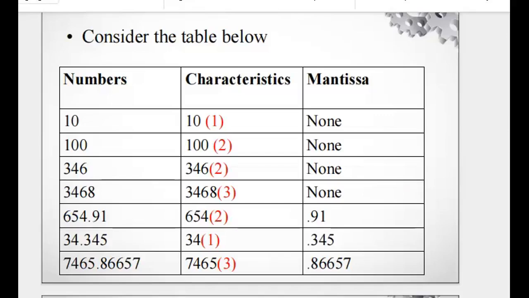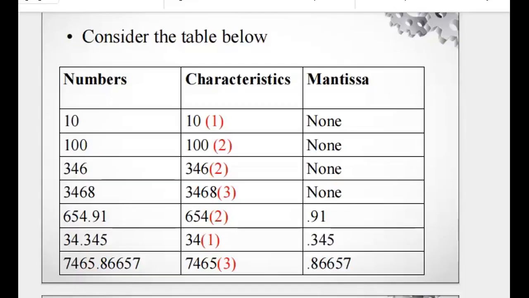Now let's see how this was gotten. It's actually simple to understand. For the first number, we have 10. Watch this. 10 has no decimal, but how many digits make up 10? It implies that 10 has just 2 digits.